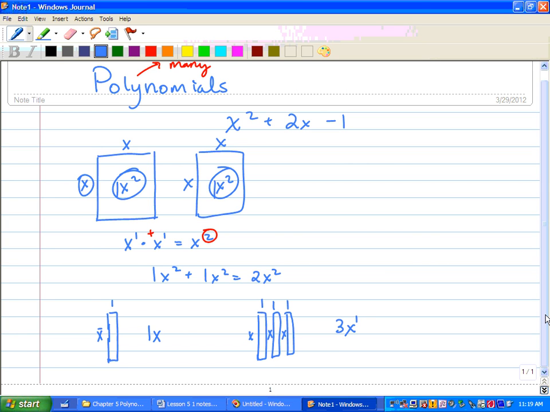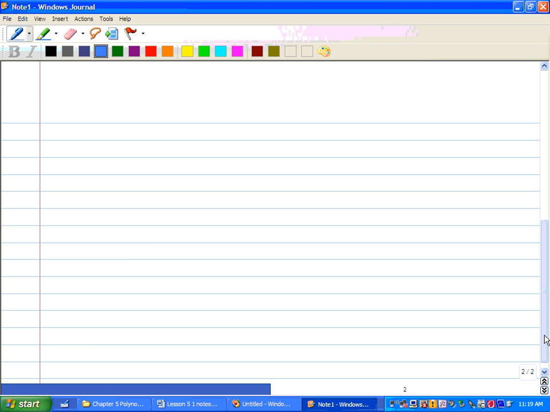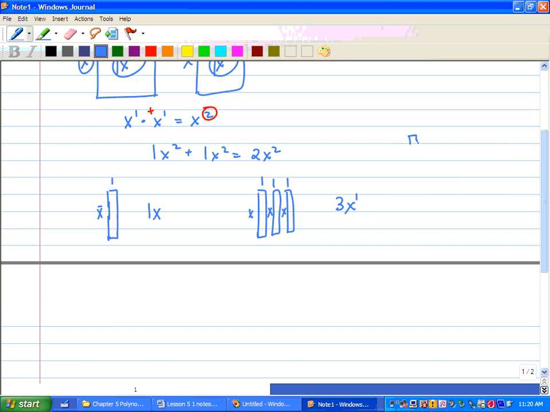All right? Now, what if we have just little boxes like this? They're 1 by 1, 1 by 1, 1 by 1. Well, the area of a 1 by 1 is just 1. Length times width is 1. We add all these together, and we get 3.